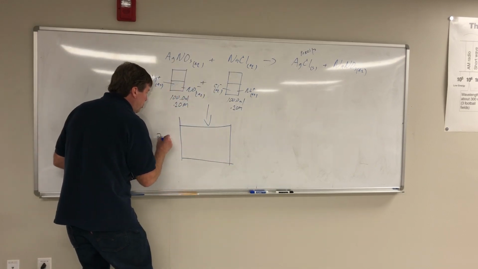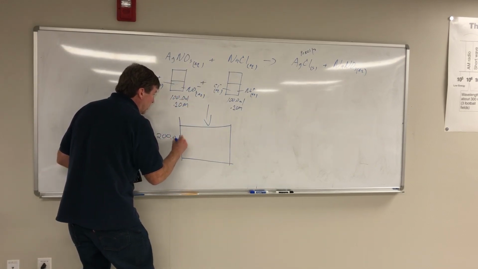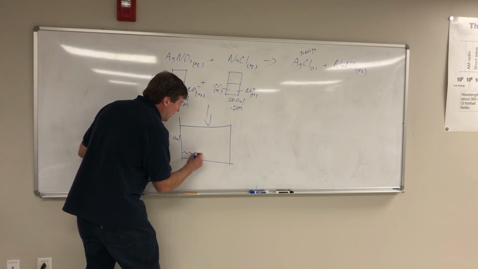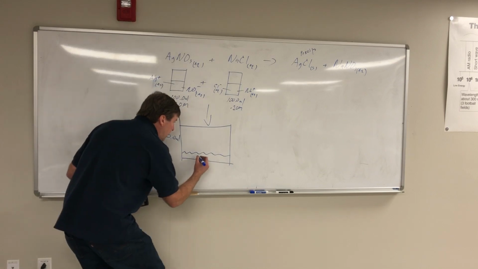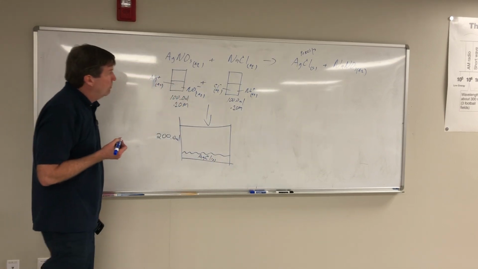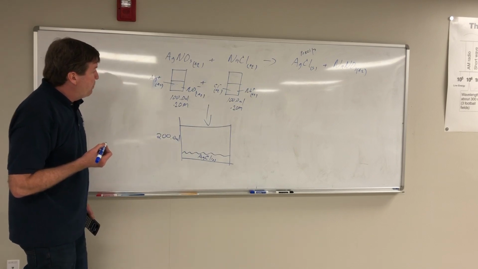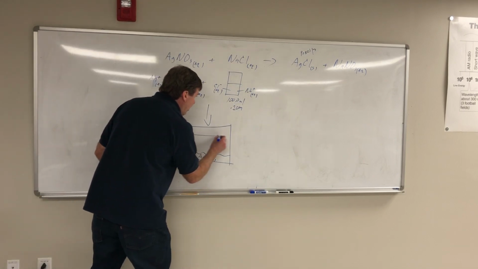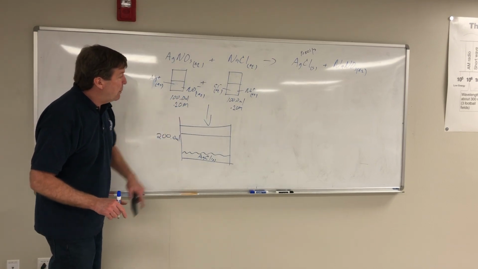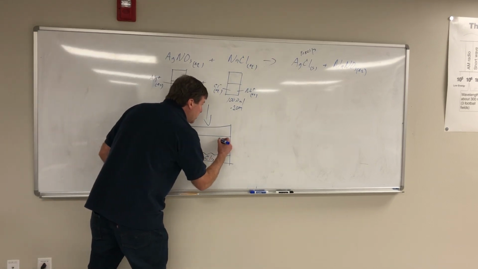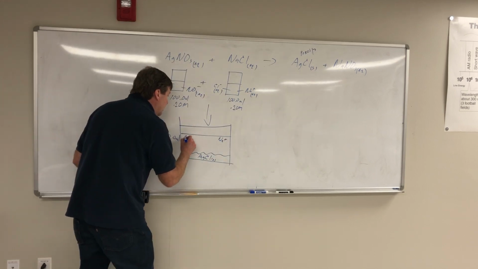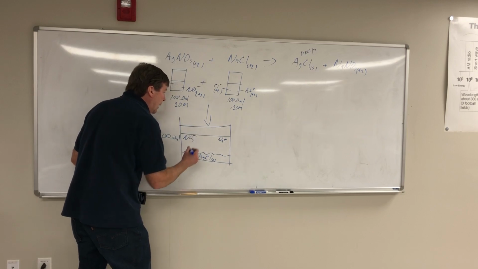We've got 200.0 mL now. And what you're going to see is solid precipitate produced at the bottom. That's AgCl solid. Here's the aqueous water. Don't forget, these spectator ions are still present and are floating around as aqueous anions and cations.